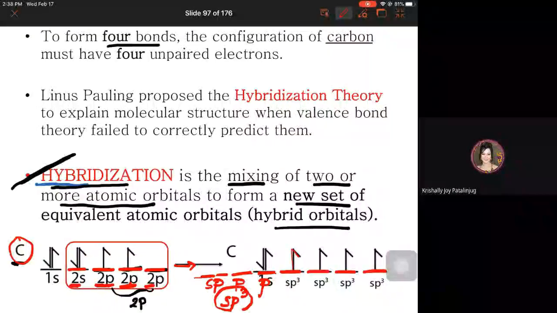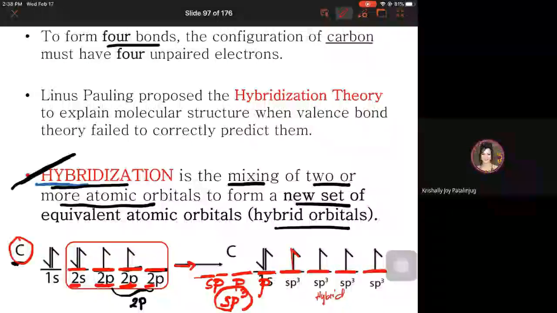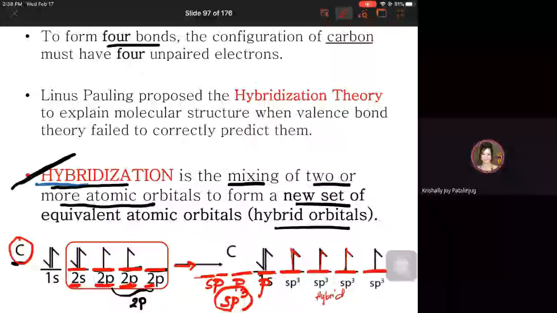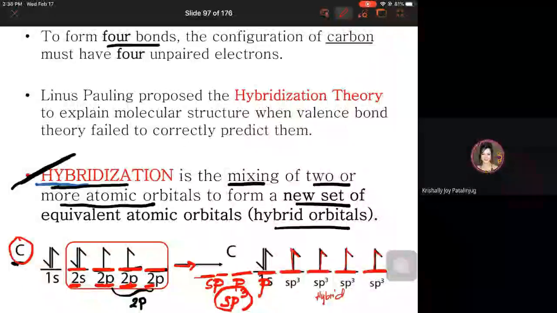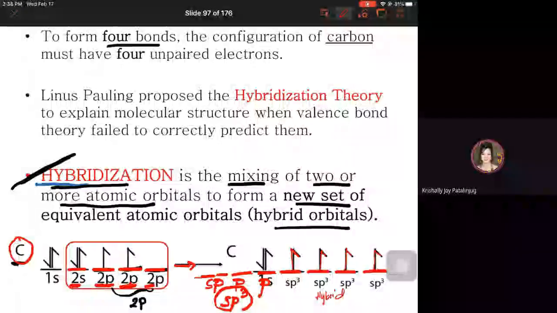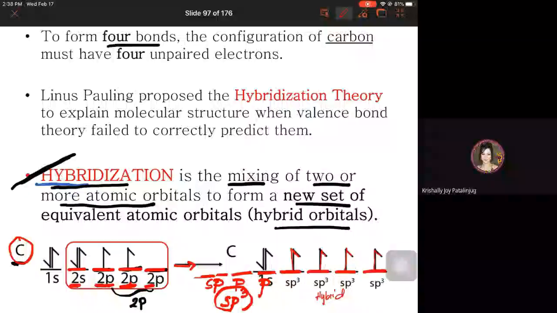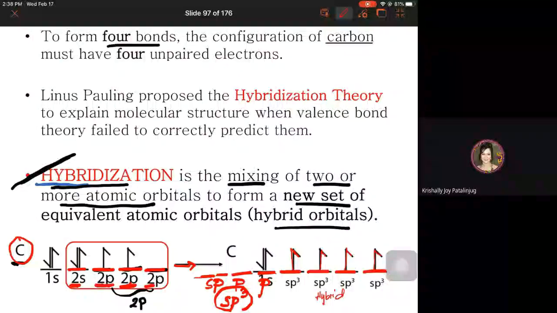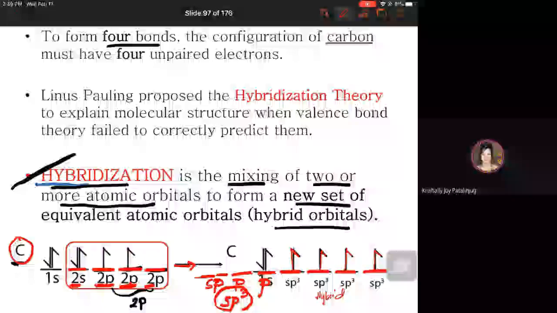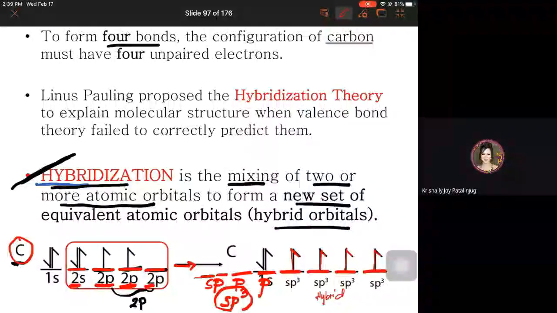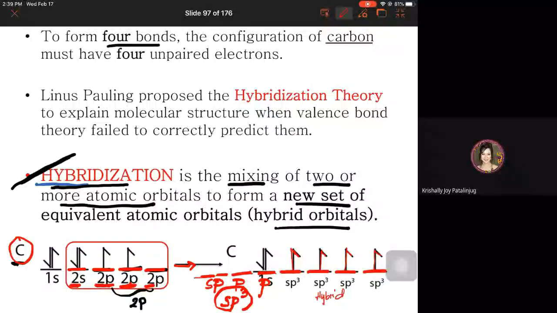So 1s2, then distribute mo yung remaining apat singly bago yung pair up. Nagkataon na apat lang naman yung valence electron ng carbon. So wala ka nang mapipair up dyan. Alright? So that is how hybridization happens, which is a very important concept, especially in the formation of covalent bonds.